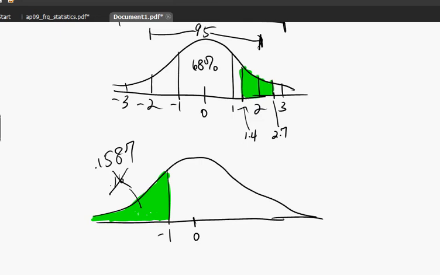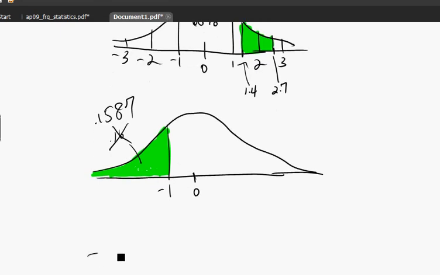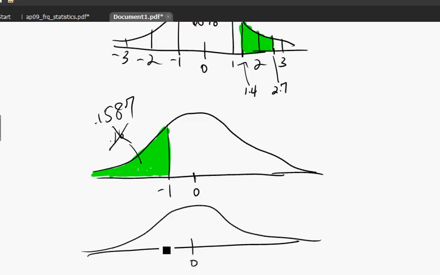Okay? So then I said if we went to negative 1.08, and I'll call this the proportion or the probability that z is less than negative 1.08.